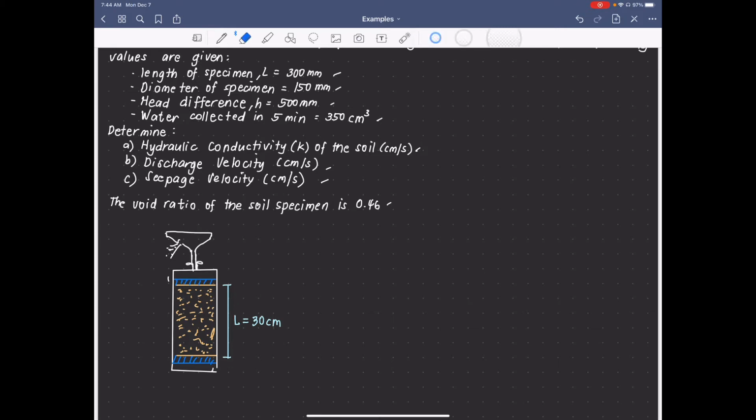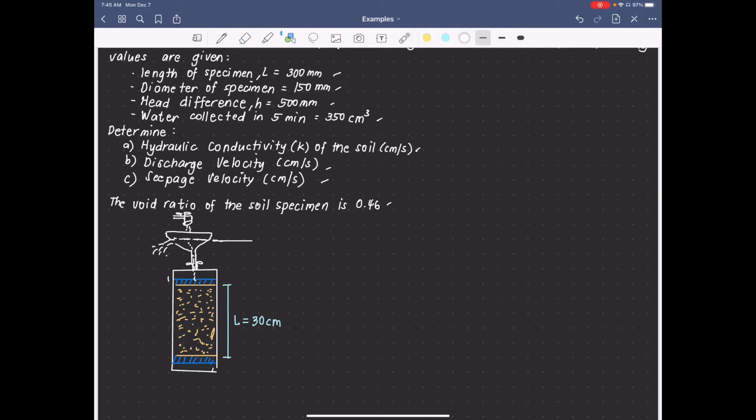We call it an overflow. Let me draw it better. So that when we allow water from the faucet to get in, water will flow here through our soil sample, but having a constant level only. There should be an overflow here so that the water will just have a constant level here.